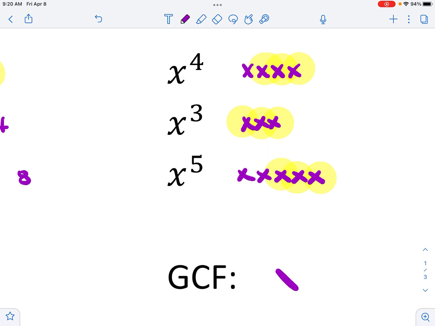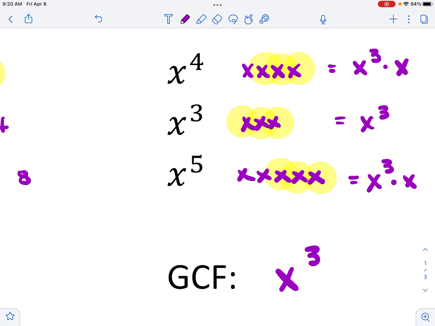So the greatest common factor here is x to the third. Another way to think about it is this can be equal to x to the third times x. This is just x to the third. This is going to be x to the third times x squared. So you can see that there is an x to the third for each one of them.